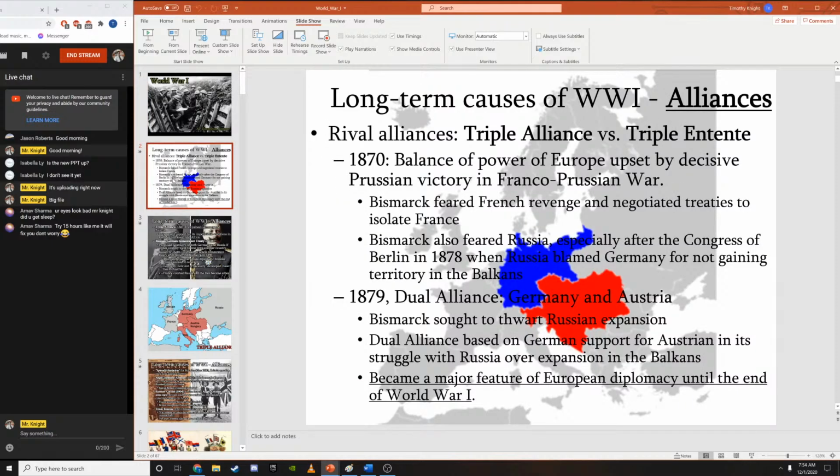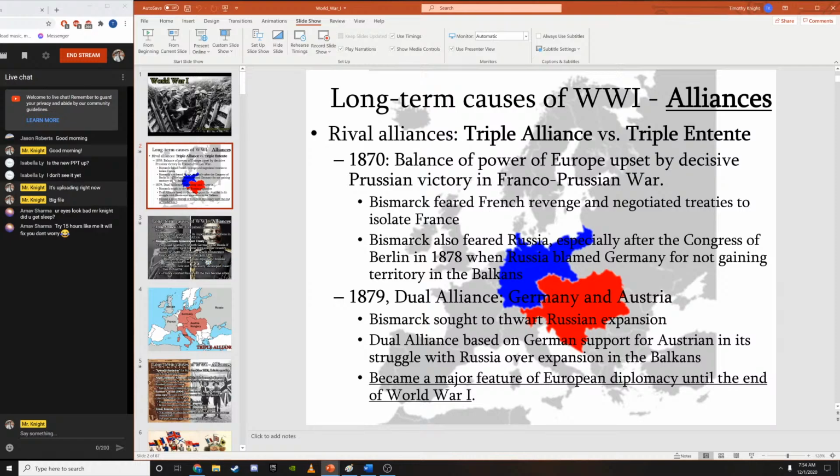Let's look at this system of alliances that starts to develop in Europe. And these alliances are going to be very important for understanding how this war happens, because the alliances are a big part of how all of these nations get drawn into the war. All right, so they're basically in Europe at this time.